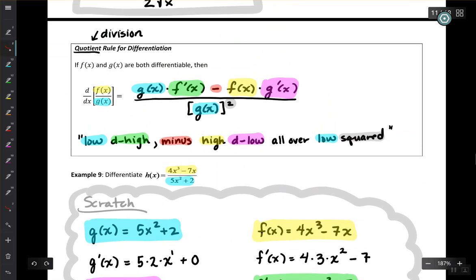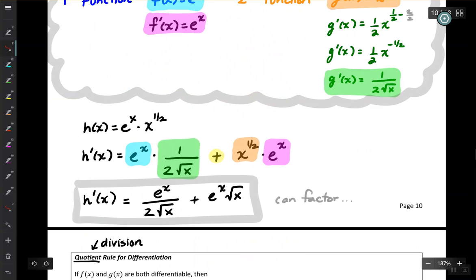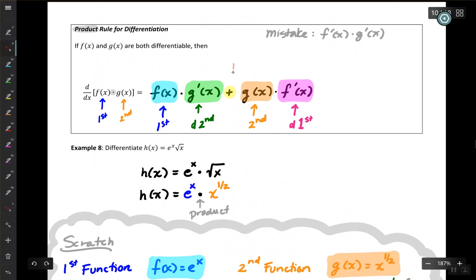The quotient rule has more opportunities to make a mistake than the product rule, because order matters in subtraction. It has to be g f prime, it can't start with f g prime. The product rule didn't have that issue, because order doesn't matter in addition or multiplication. This one's a little less likely to make a mistake.